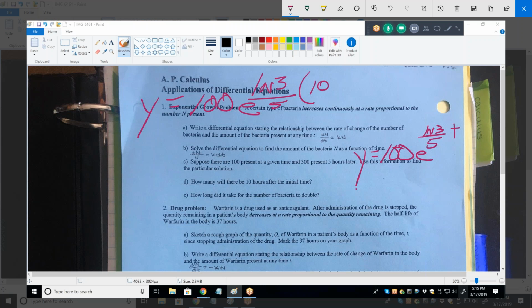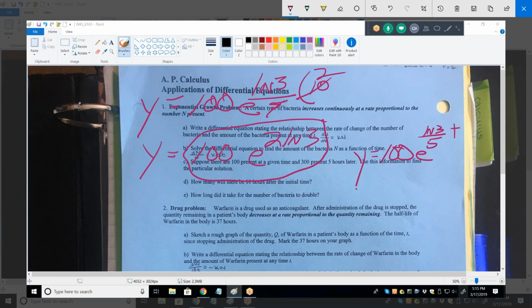Well, that's actually not too hard to do because I can cross that out, and I get a 2. So I get y equals 100 times e to 2 natural log of 3, right? And that's a number you can get on your calculator.